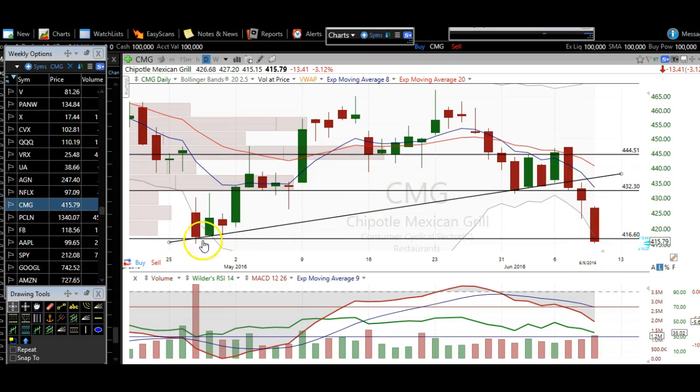Next, we had a trend line break here. We had this trend line here, we've got lots of touches here, and we broke through it on this candle right here, this big bearish engulfing candle. And we broke below that, and then we broke below this support right here. So that was the next bearish step. And we came down here and hit that target.